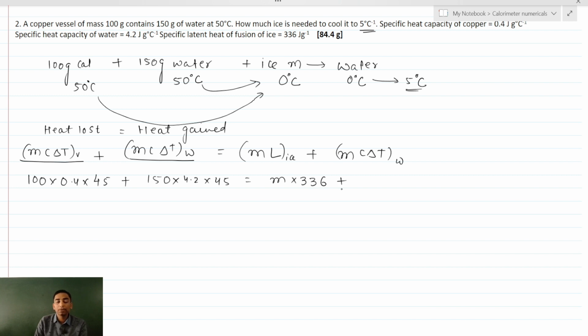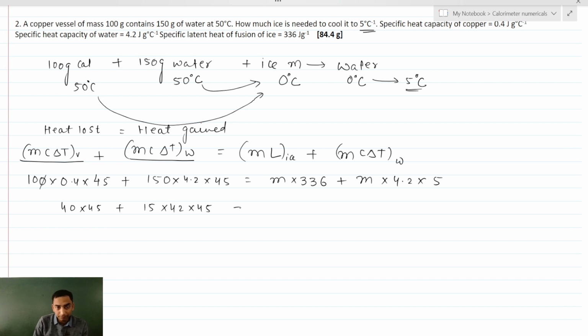Be careful, they sometimes might give you 330 also. M into 4.2 into from 0 to 5, so it is 5 minus 0. The 10 goes off, so it is 40 into 45 plus 15 into 4.2 into 45.